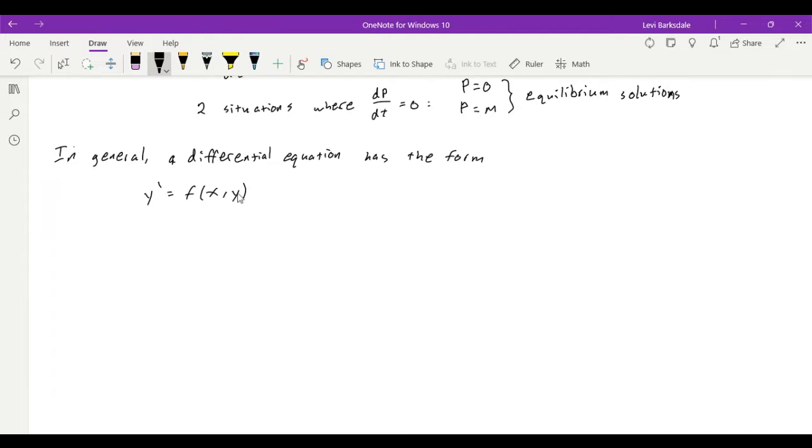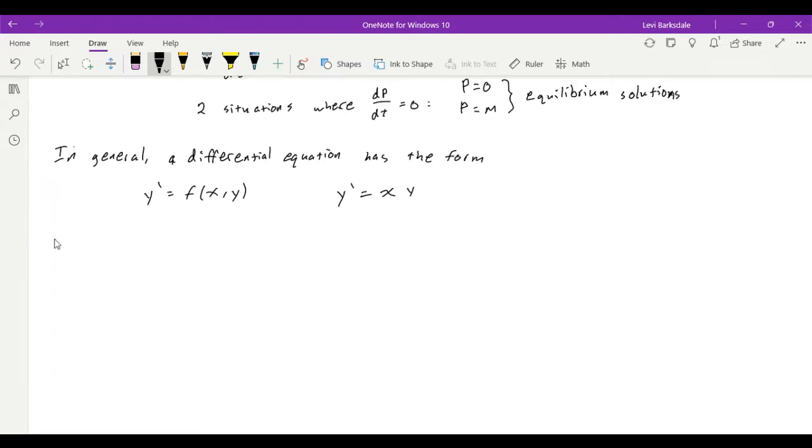So in the past, you've usually seen things where your derivative is a function of just x. In a differential equation, though, we often allow the slope to be defined based on y as well. And this is actually really useful because it gives us a lot more flexibility in how we define our slope. So one thing you might see is like y prime is equal to x times y. That's a differential equation.